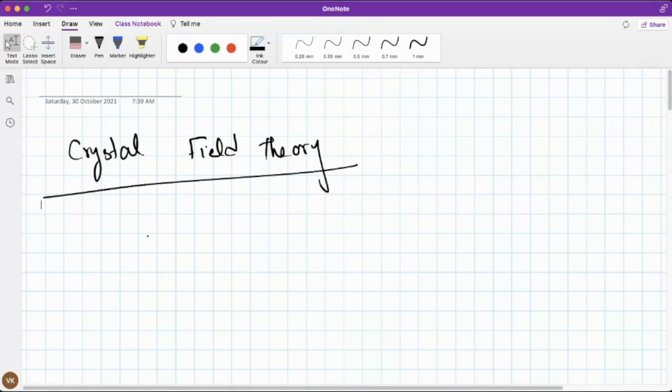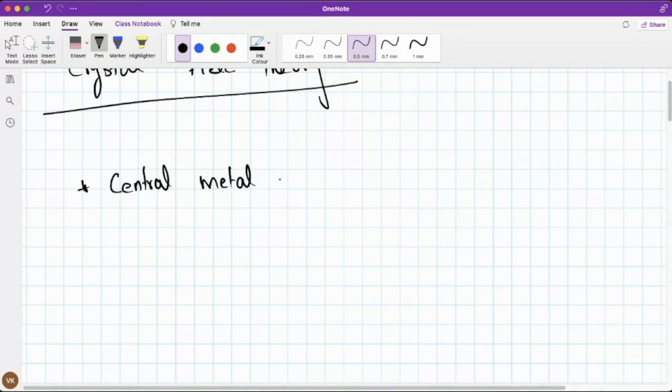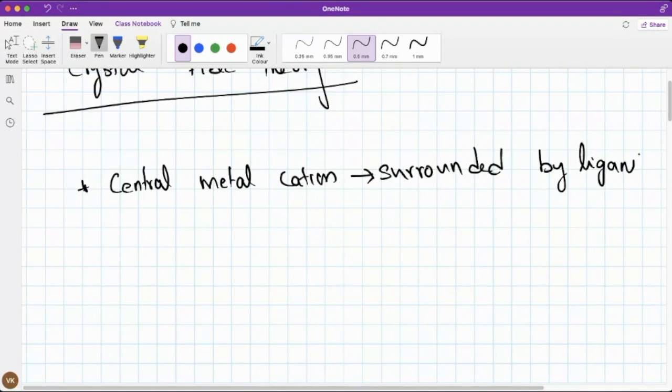Oh, so we are going to see about crystal field theory. So here we are considering there is a central metal cation which is surrounded by ligands, which can have one or more lone pairs of electrons.